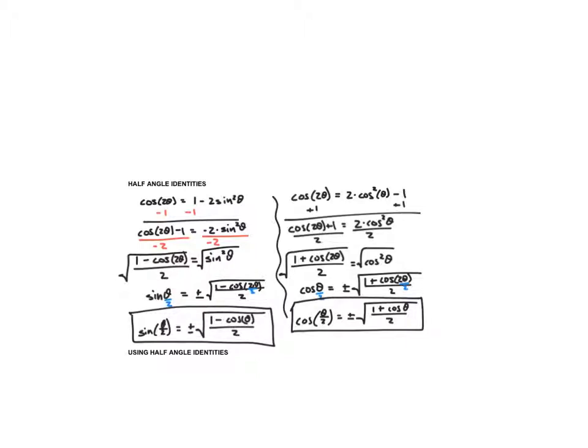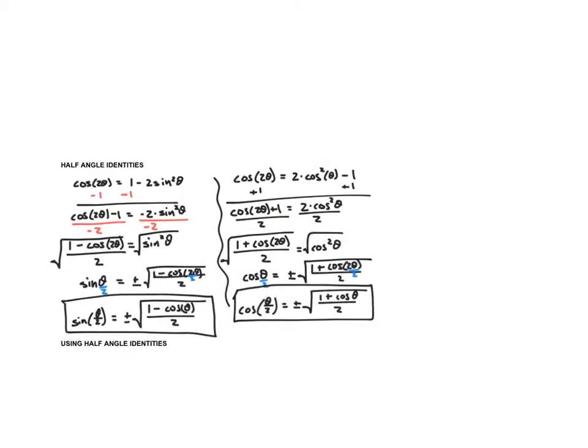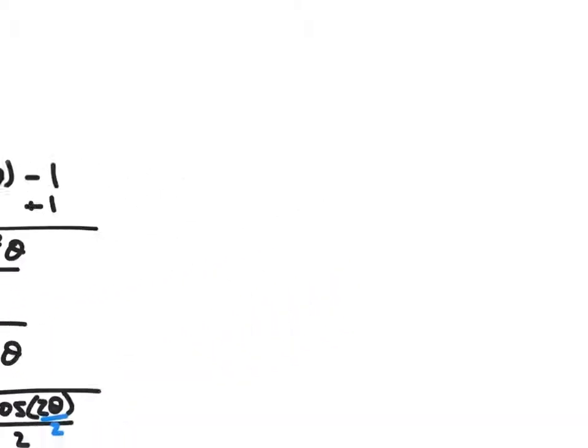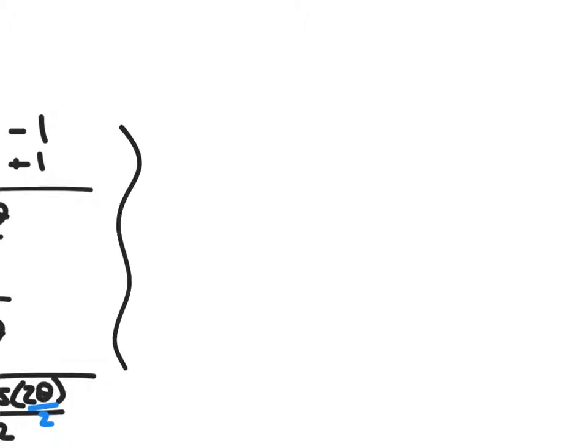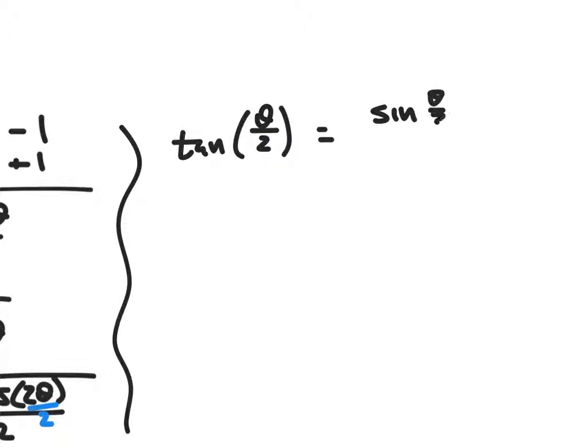Okay, we've got one more we're going to do, and that's going to be tangent of theta over 2. All right, so if I do that, same thing. I'm just going to do tangent of theta over 2, and that's going to equal sine of theta over 2 divided by cosine of theta over 2.